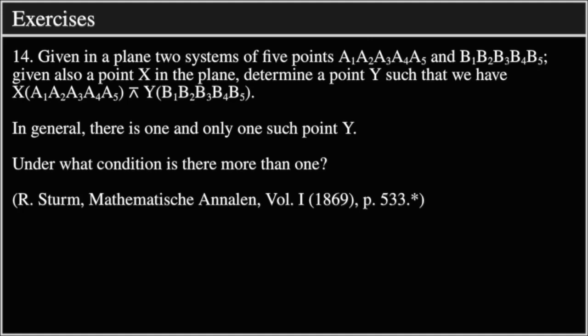In general, there is one and only one such point y. Under what condition is there more than one? R. Sturm, Mathematische Annalen, Volume 1, 1869, page 533. Footnote. This is a special case of the so-called problem of projectivity. For references and a systematic treatment, see Sturm, Die Lehre von den geometrischen Verwandtschaften, Volume 1, page 348.